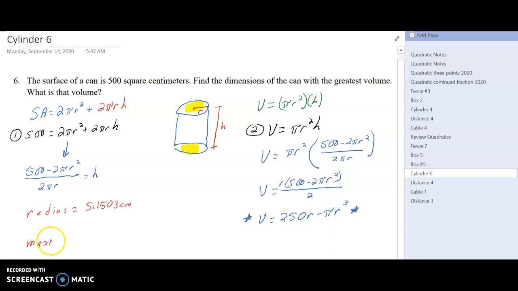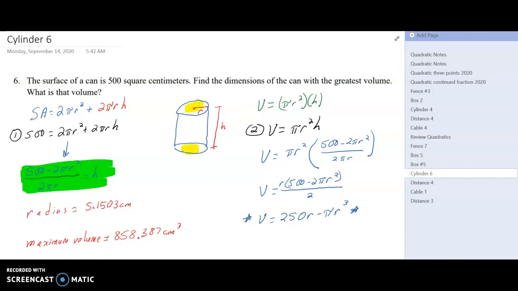The maximum volume was the y value, so that was approximately 858.387 centimeters cubed. If you wanted to find the height of the cylinder, you would plug into this green highlighted expression, and you could use your calculator to do that.